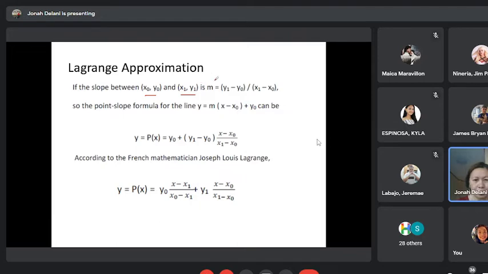If we take the slope of this, we would have y1 minus y0 divided by x1 minus x0, right? And another point-slope equation of the line, which is y equals m times x minus x0 plus y0.